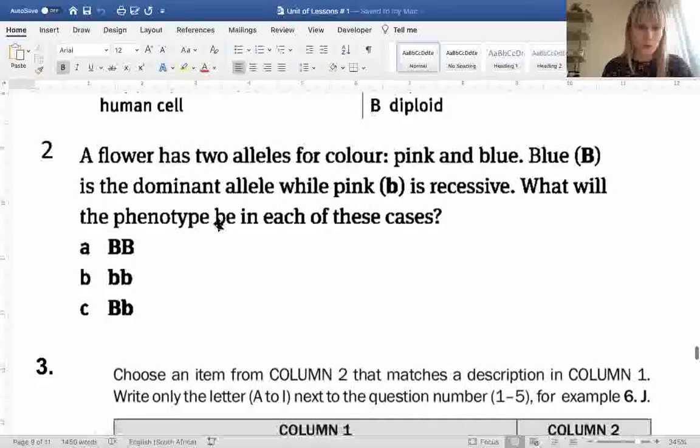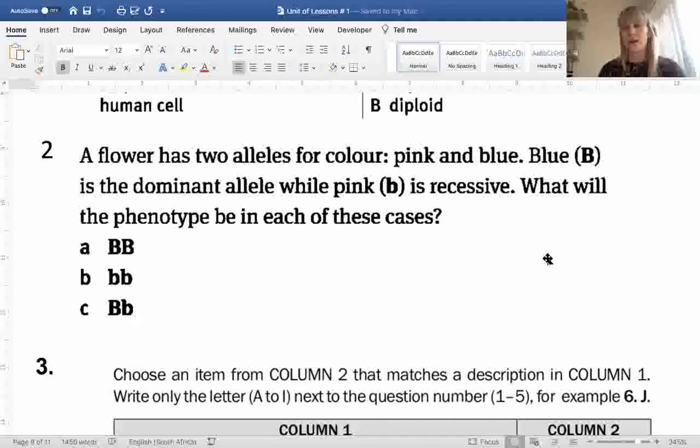Question 2 states, a flower has two alleles for color, pink and blue. Blue, capital B, is the dominant allele, while pink, small b, is recessive. What will the phenotype be in each of these cases?